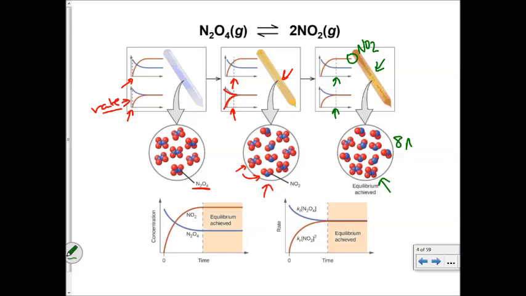There's 8 NO2s in here, and then there's only 3 N2O4s in comparison. So as you can see, the concentration definitely follows the graph there. And you can see it from the little circle diagrams. Like I said, those circle diagrams are very important. They love them on the AP exam.